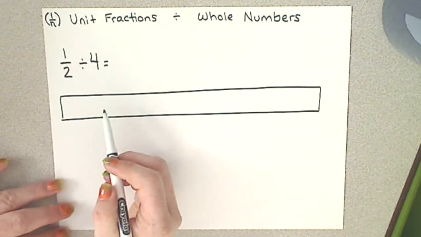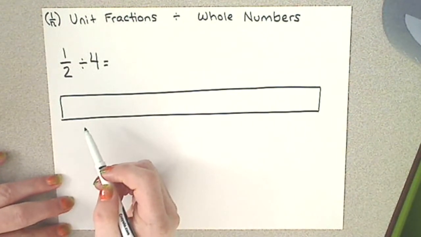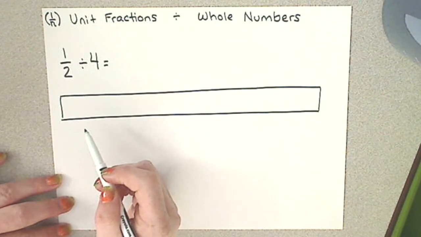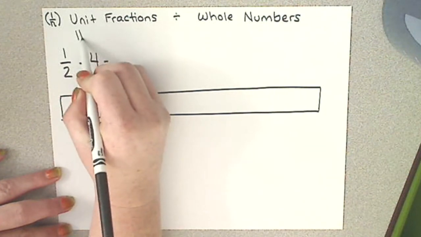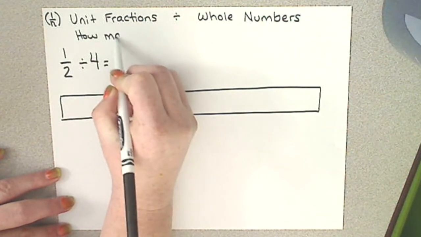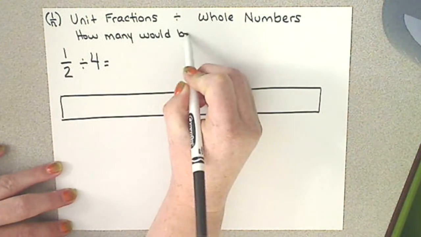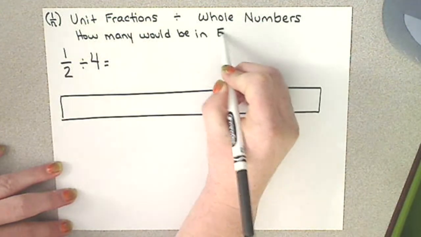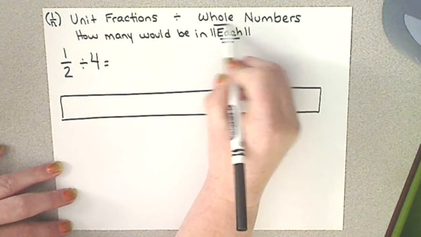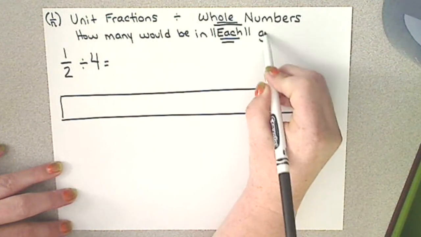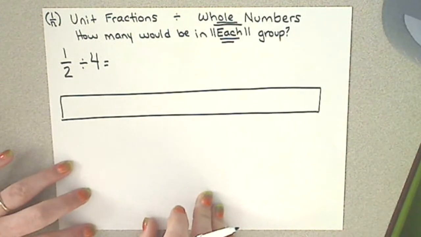And what you need to understand is that they are asking us how many would be in each group. Okay, and you'll understand what I'm saying here in just a second.